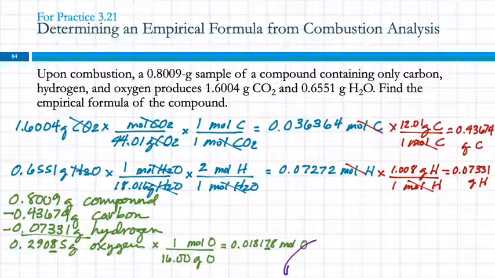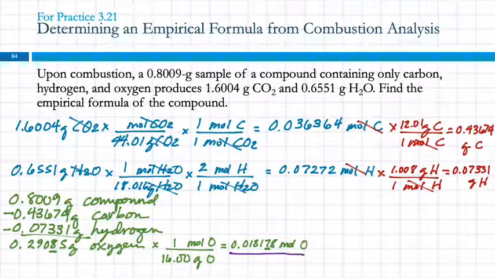Okay, so we've got moles. I've got moles of carbon, moles of hydrogen, moles of oxygen. I need to divide by the smallest. Now be careful, because these numbers that are much less than 1 can get a little confusing sometimes. Which one is the smallest number of moles? The oxygen.